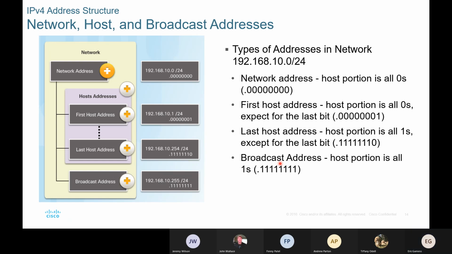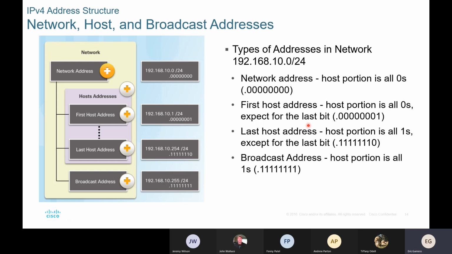Now, we will always lose 2 IP addresses in the network, the first IP address and the last IP address. The first IP address will be the network address, and the last IP address will be the broadcast address. In between these 2 IP addresses, all the IP addresses are valid IP addresses.